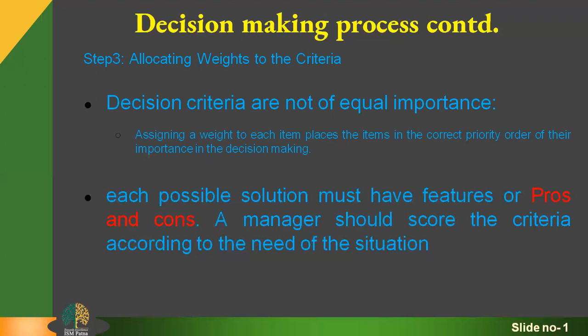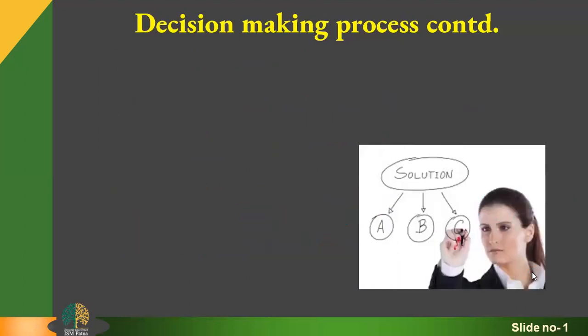With these negative and positive points, the criteria should be weighted or scored, and the criteria option with the higher number of positive points will be taken as suitable for decision making.